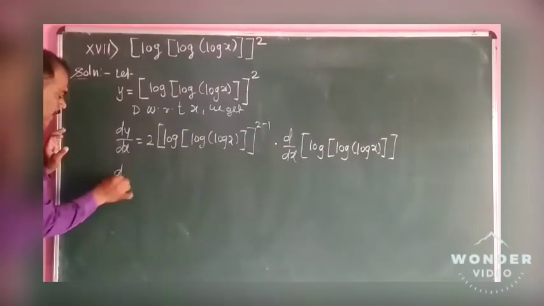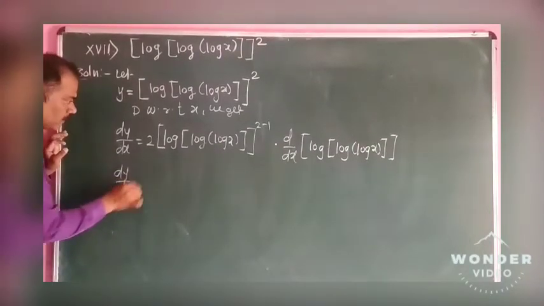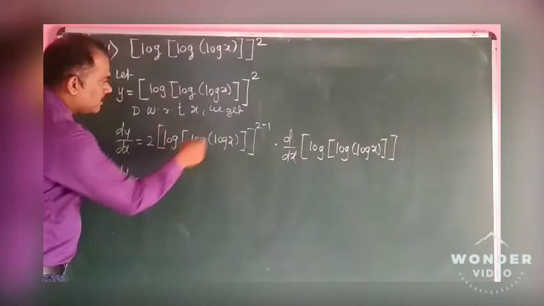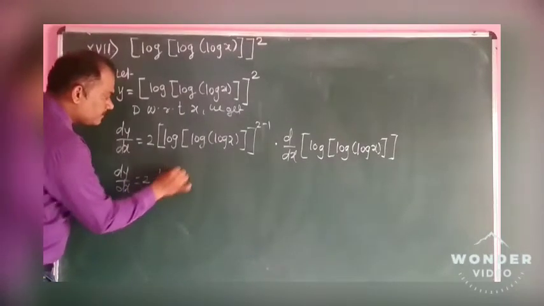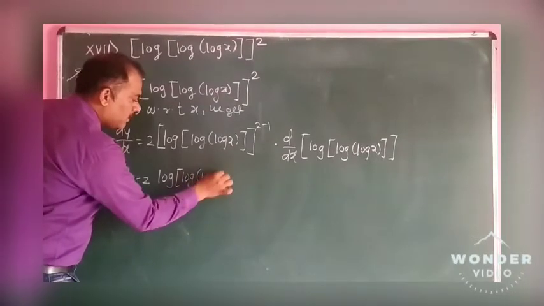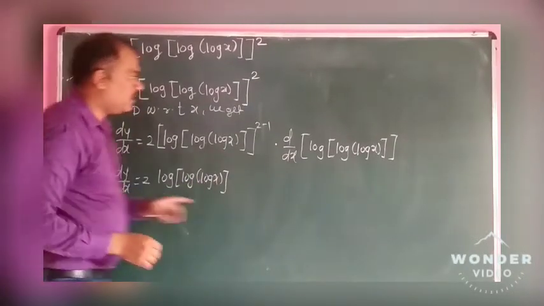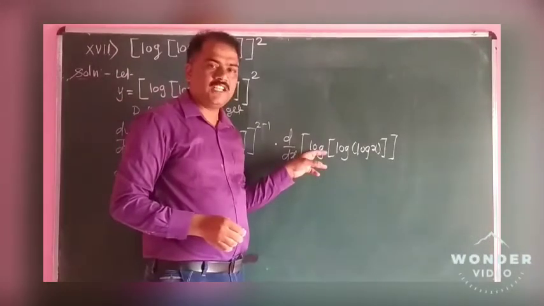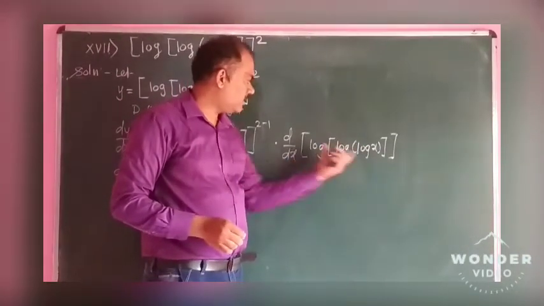That is dy by dx is equal to 2 times log x into, now keep the finger on this log. What is the derivative of this log? 1 upon x.